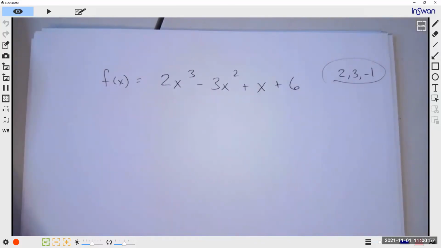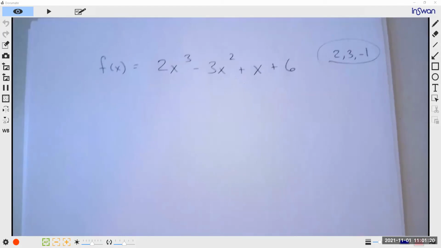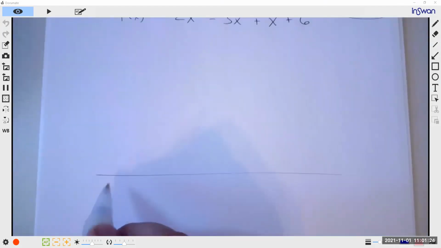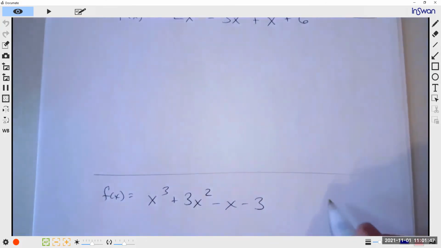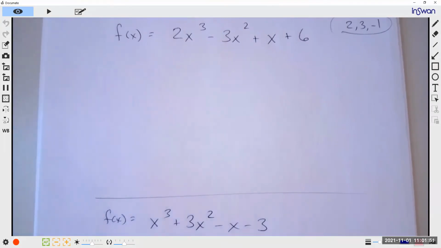And then tell me the zeros, multiplicities, and try to lightly sketch this graph. All right, so here are your 2 exit questions.